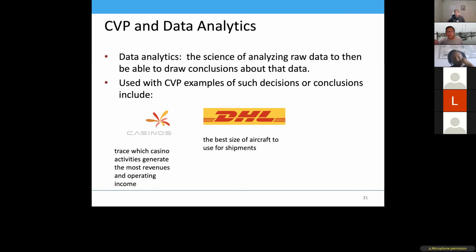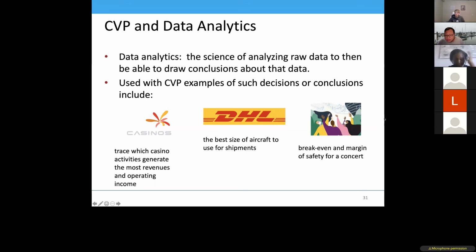The bigger it is, the more it costs, and it can take more things. But they may not have that many items. So they were able to use the data they have to figure out the optimized size.